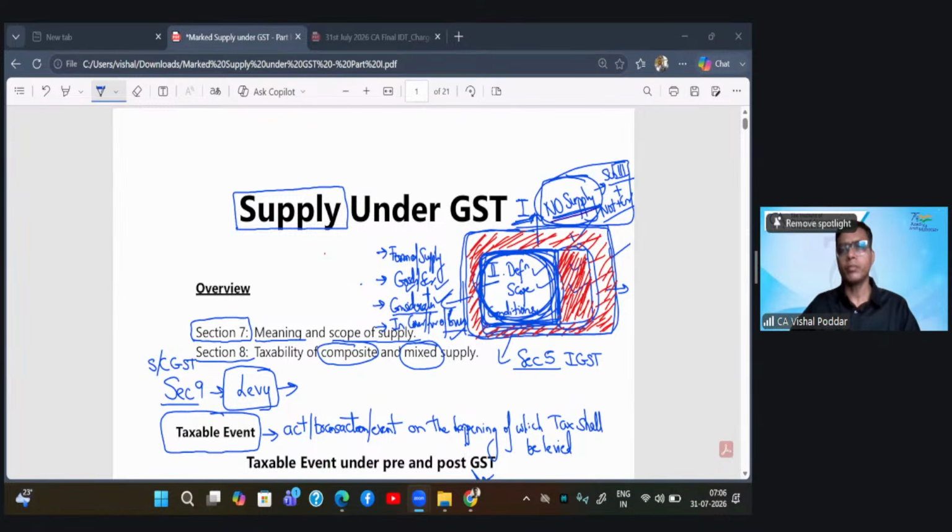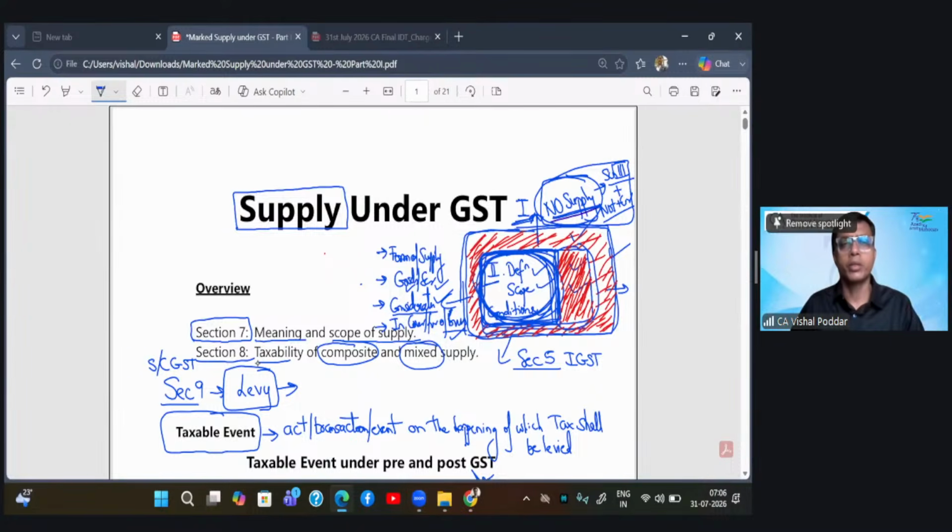Then finally, in the previous class, we also understood the taxability of specific types of transactions which are bundled up, that is, two or three transactions supplied as a common package. In such cases, the law says identify whether your package can be called a composite supply or a mixed supply.